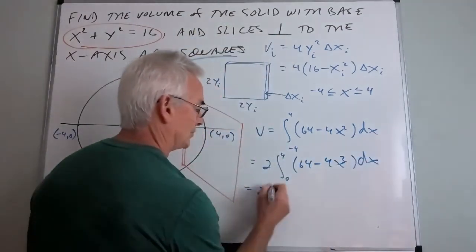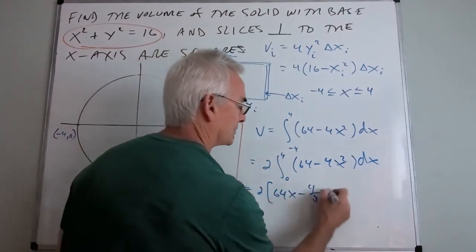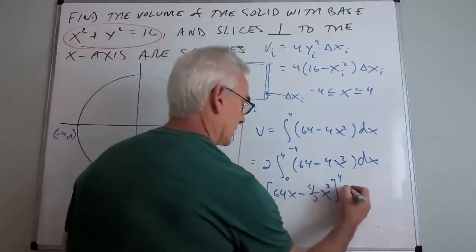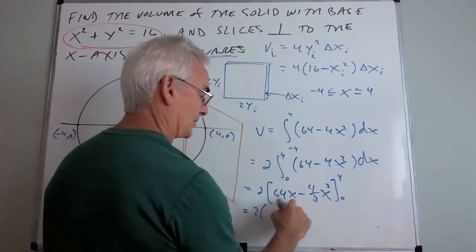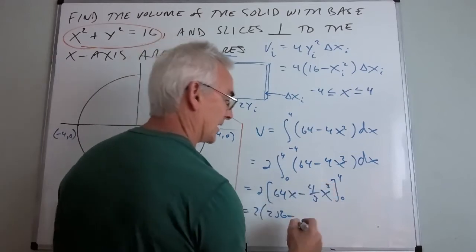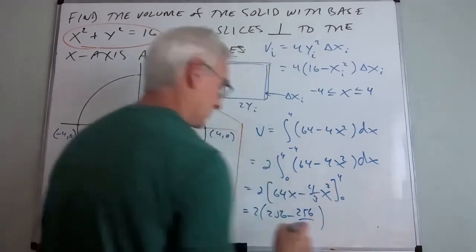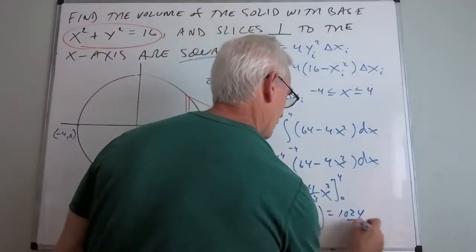So that will be 2 times 64x minus 4/3 x cubed from 0 to 4. Okay. It's going to be a little bit hard pressed. So 64 times 4, that'd be 256. 4/3 times 4 cubed, that'd be 256 thirds. So when I do that, that would leave me what, 1,024 thirds.